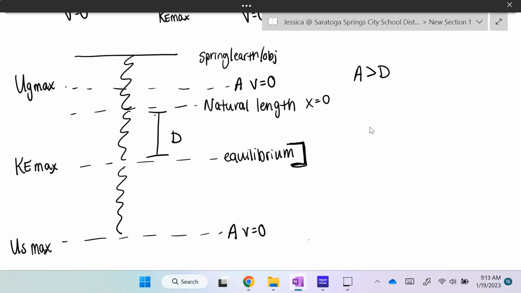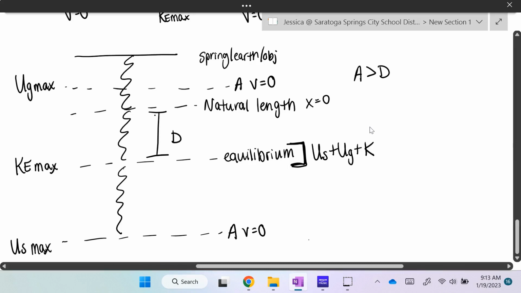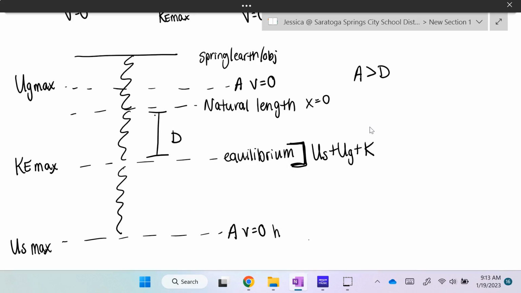At that equilibrium position, I do have all three kinds of energy because I am stretched from my natural length, I am at a height, and I am moving. That just happens to be where the kinetic energy is at a maximum. So at that lowest point, I have no speed, no height, so I have only spring potential.